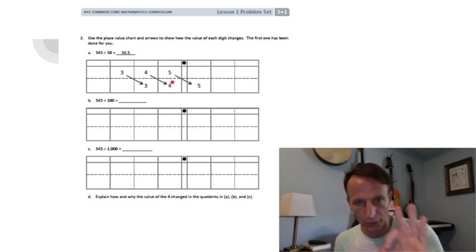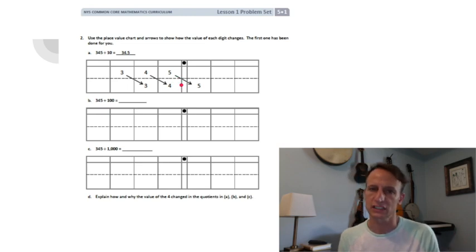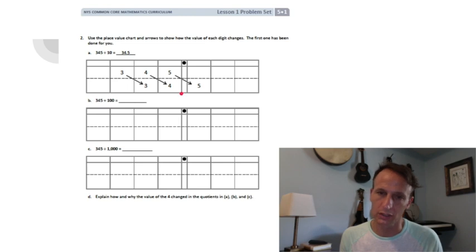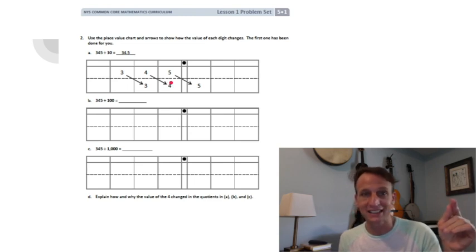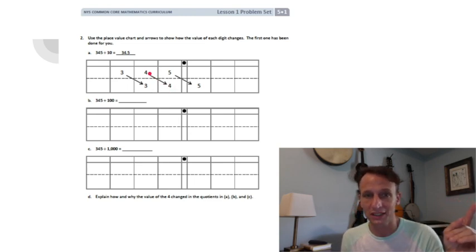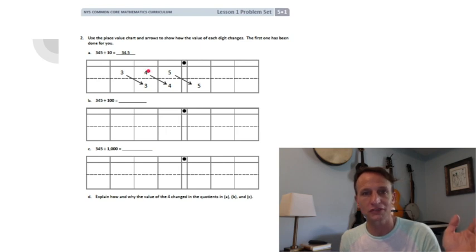So I'm helping you at D because you have to write out a good answer here. Don't just say, it's smaller. Oh gosh, please don't do that to me. All right, we're going to say, what did we learn in the lesson? The 4 in this quotient is, compare it to the 4 here. We're comparing 40 with 4.